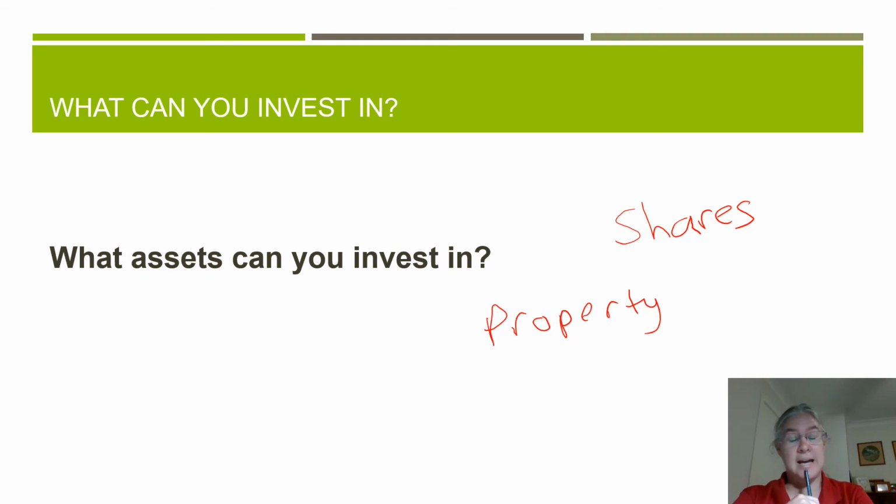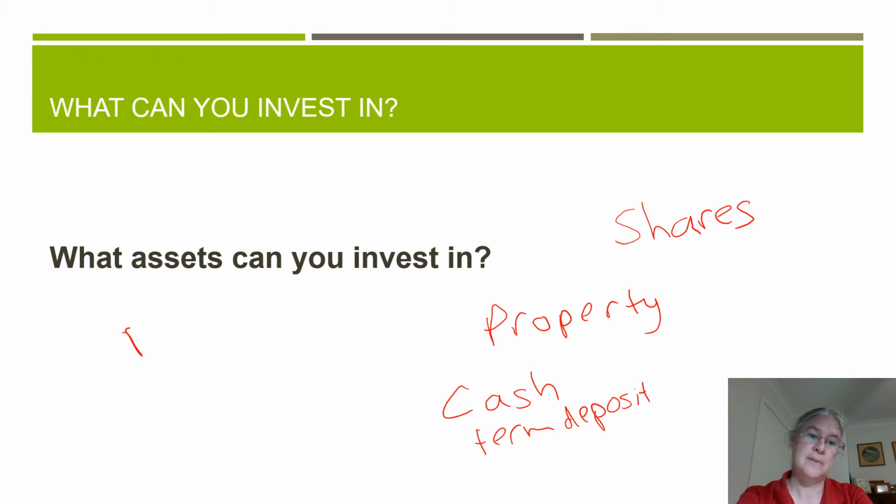We could keep our cash in the bank, perhaps a term deposit, something like that. What other ways are there to invest? Bitcoin. That's been in the news a bit lately, hasn't it?